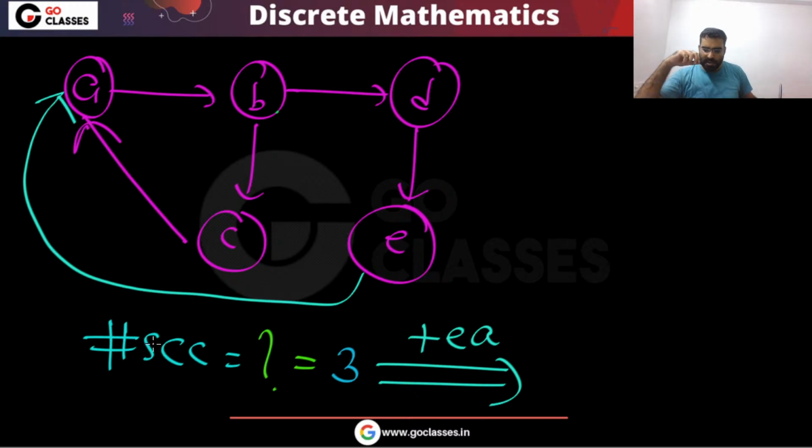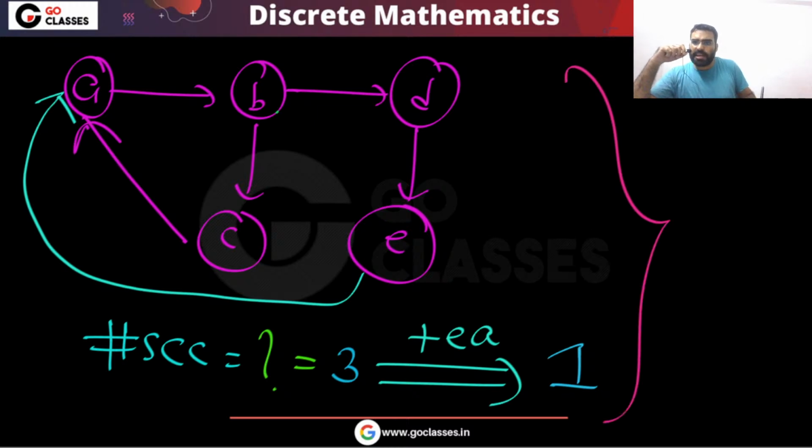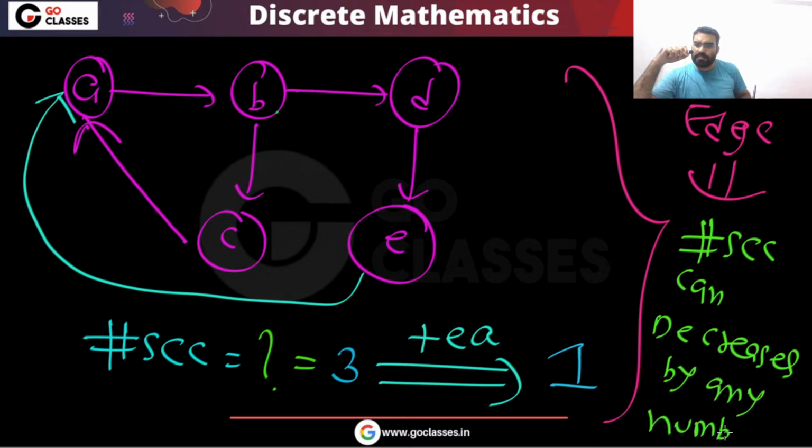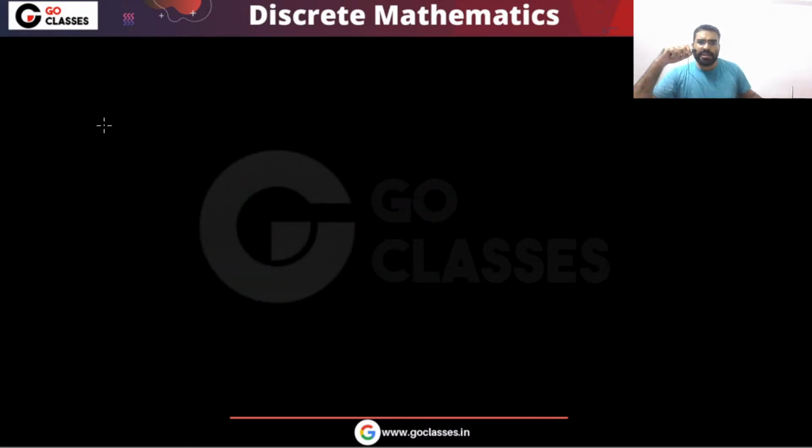Now what is the number of strongly connected components? Now it will be 1. So the number of strongly connected components can decrease by any number if you add one edge. Like it can decrease by 2. It can decrease by any number.